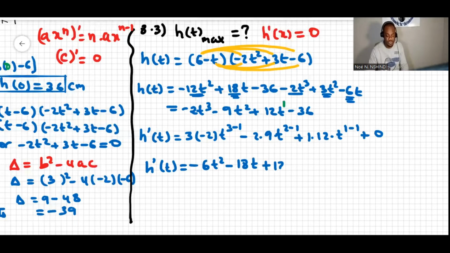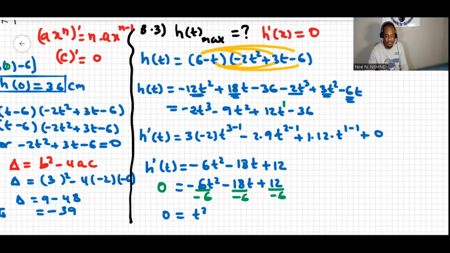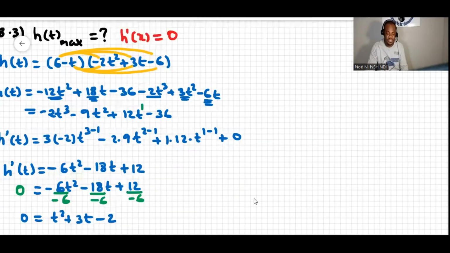We set this equal to 0: negative 6t squared minus 18t plus 12 equals 0. Then we divide each term by negative 6, and this will be 0 equals t squared plus 3t minus 2. And then we can solve this by factorization.